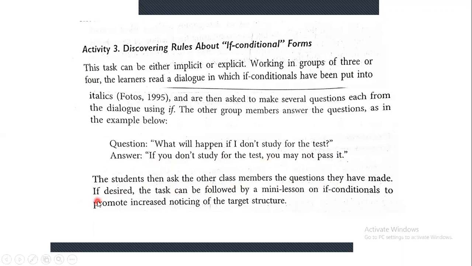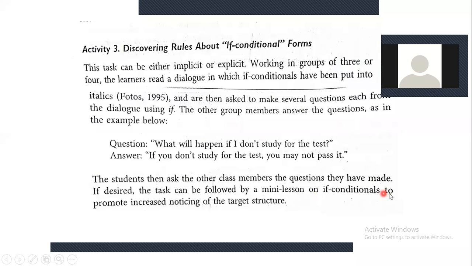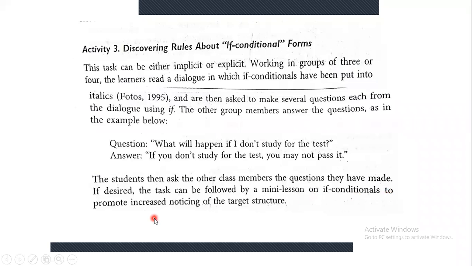If desired, the task can be followed by a mini lesson on if conditionals to promote increased noticing of the target structure.